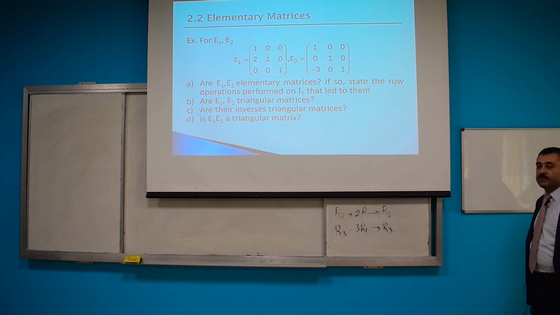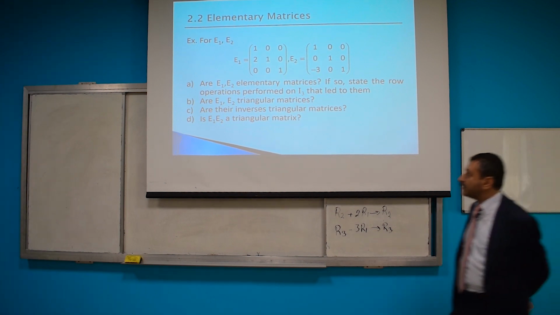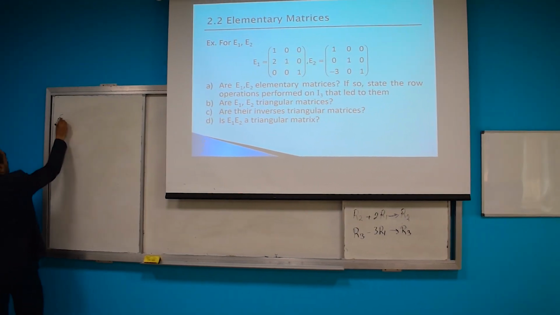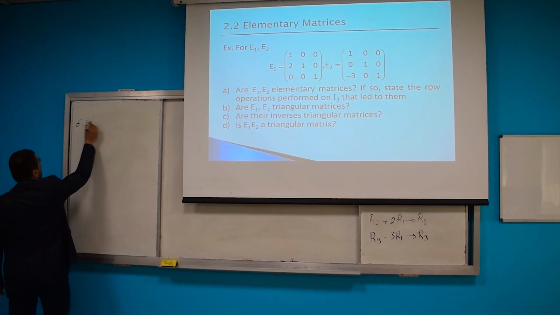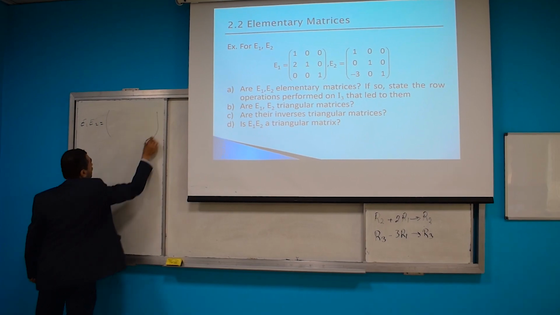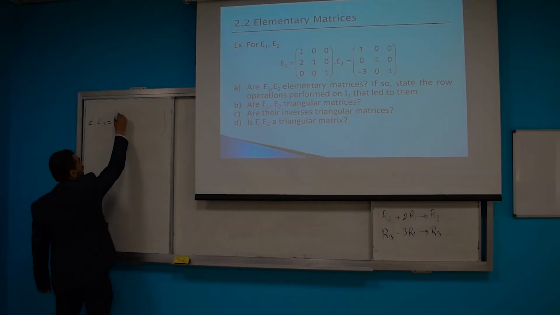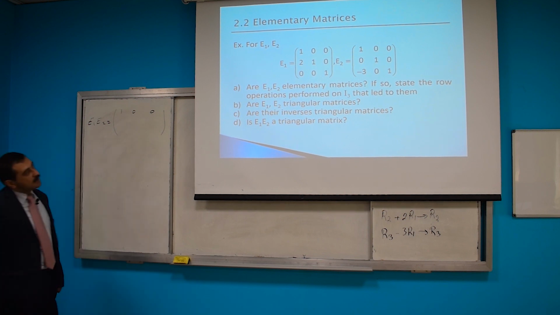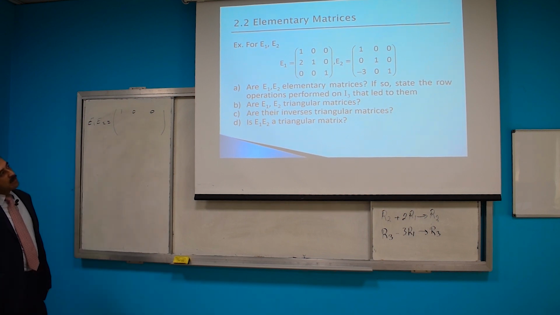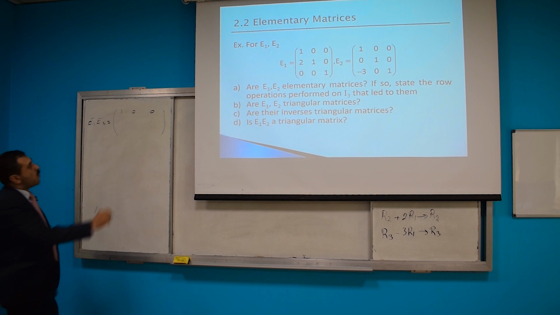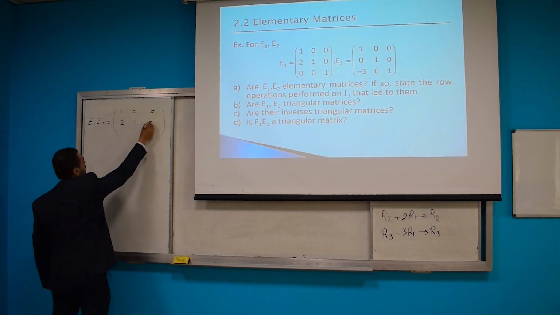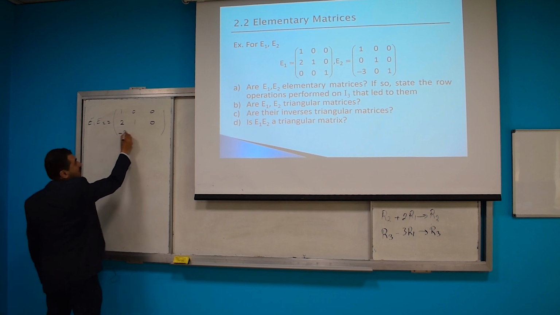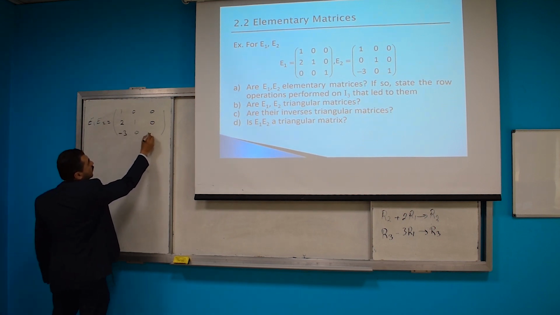Is it a triangular matrix? Let's multiply E1, E2. First 1, 0, 0. And then 2, 1, 0. And then negative 3, 0, 1.